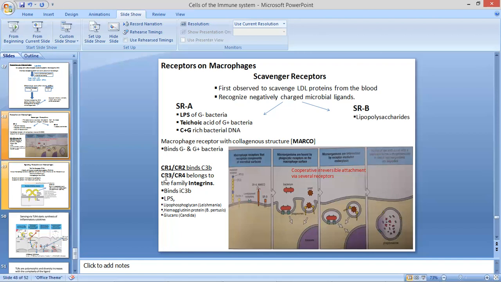These CR3 and CR4 receptors are going to bind lipopolysaccharides, or lipophosphoglycans in Leishmania, or hemagglutinin protein in Bordetella pertussis, or glucans in Candida. So many different types of pathogens can be opsonized with the help of these complement CR3 and CR4 receptors.